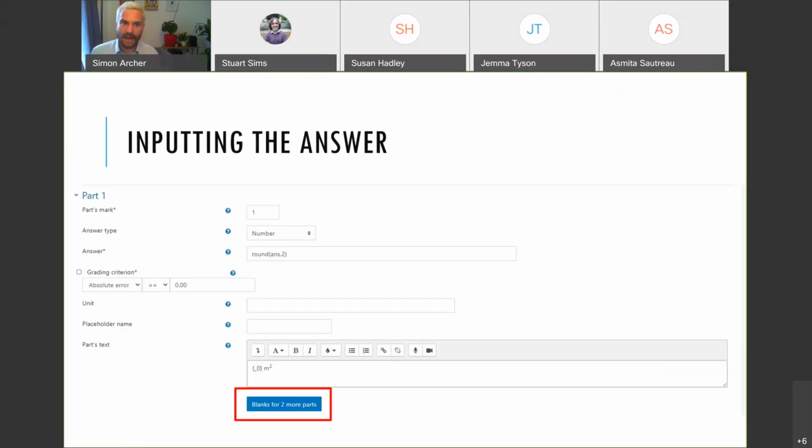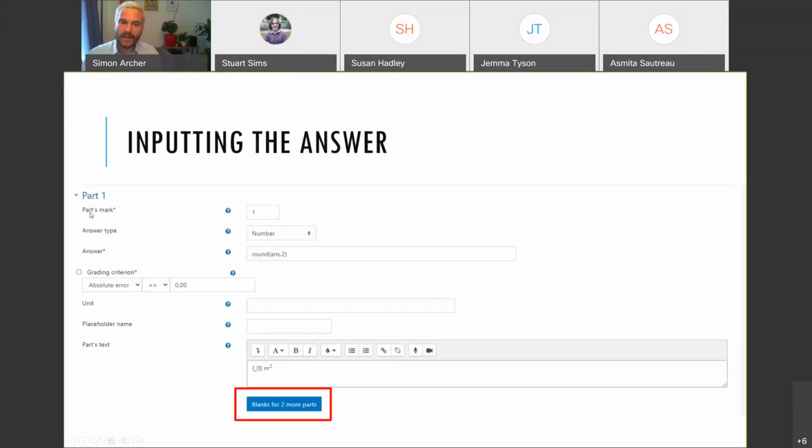We want to round that answer. So I've used the code round, a bracket, answer, the number of decimal places, and close the bracket. What that will do is Moodle will go, the answer is 1.2345, but it will round it to 1.23. So it will round it to how many decimal places you've said you wanted.